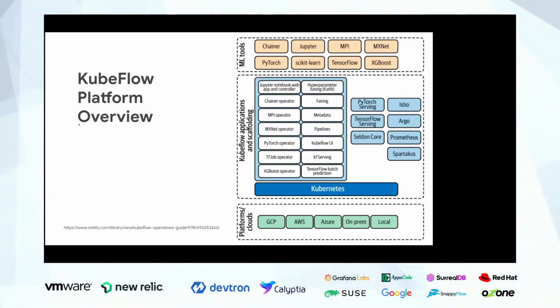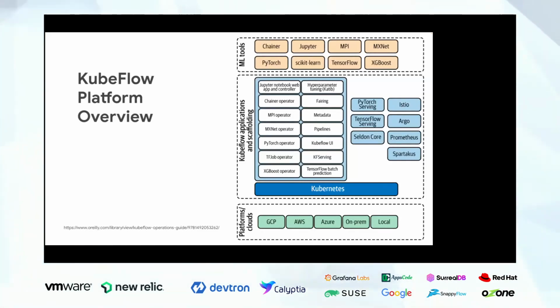The second component grouping is your Kubeflow applications. Many of the components in this part are never used by the user directly, but they instead support the core functionality of Kubeflow. For example, Istio provides role-based access control and a distributed microservices architecture from Kubernetes.